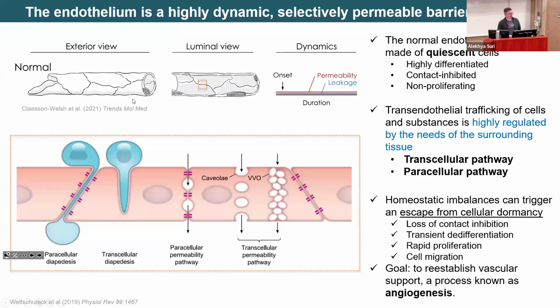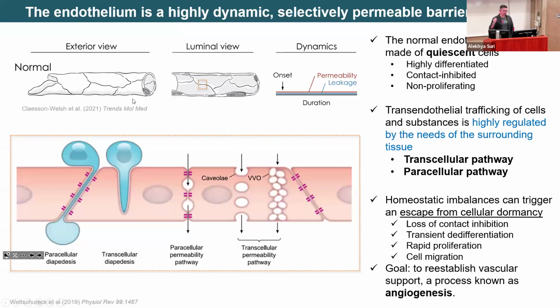So for instance, a situation where the intercellular junctions become disassembled, that will basically serve as a signal for the cell to initiate what we call a transient dedifferentiation. And that tends to activate the cell cycle. So the cell re-enters the cell cycle, and it acquires migratory properties.